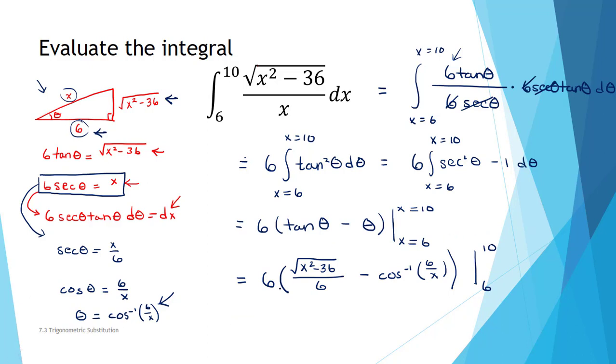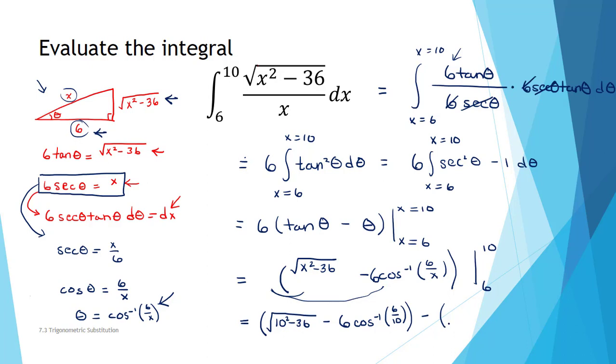I can distribute this 6, and then this 6 on the bottom of this fraction cancels, and this is multiplied by 6. Now plugging in 10, we get the square root of 10 squared minus 36 minus 6 times cosine inverse of 6 divided by 10, minus, now I'm plugging in 6, the square root of 6 squared minus 36 minus 6 times cosine inverse of 6 divided by 6.